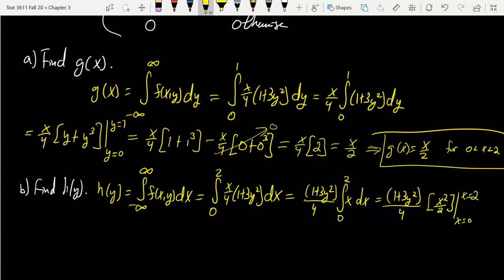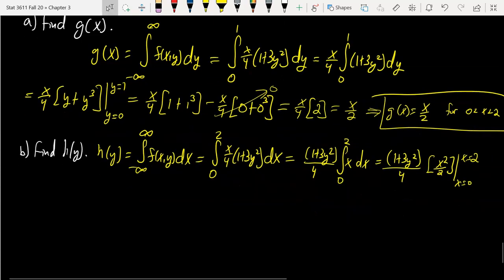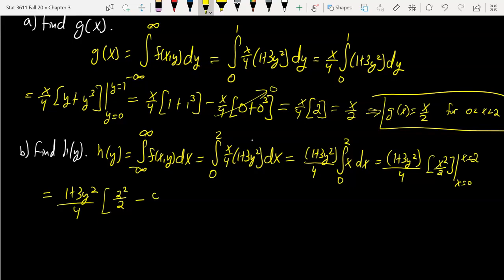So what do we have then? 1 plus 3y squared over 4. What happens when you plug in x equals 2? You get 2 squared over 2, minus the evaluation when x is 0, that's 0 squared over 2. So this is 0.